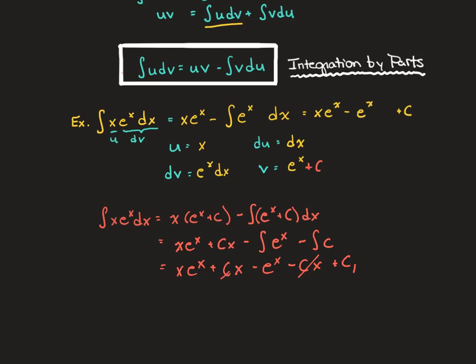And these two terms cancel out. So do you see that? We're back exactly where we were before. So you don't need to write the most general antiderivative up here. You just need to write some antiderivative.